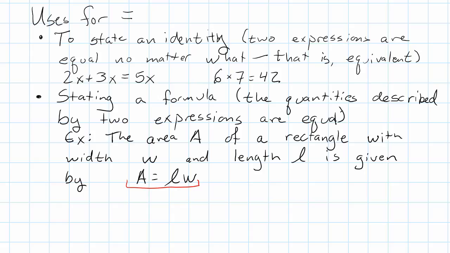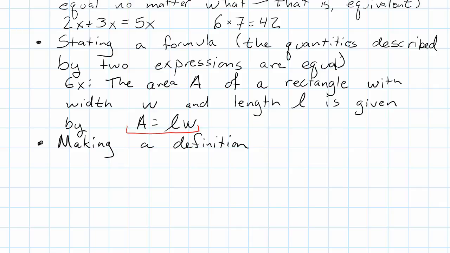There's a third way of using equals signs that we've used but not described explicitly. We've used the equals sign to make a definition. Here's an example of the place that we've used this. When we say to evaluate the expression x squared minus x, when x equals 4, this equals sign is making a definition.